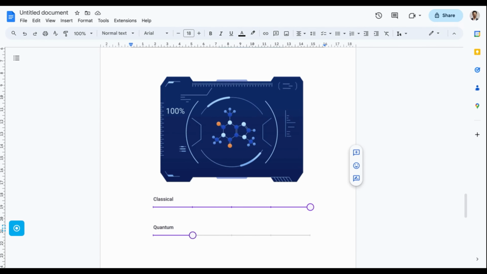Understand what this is good for. Here we have a map.